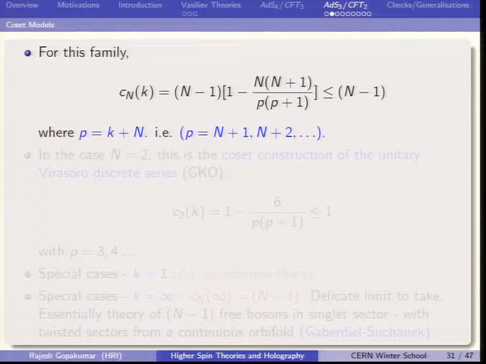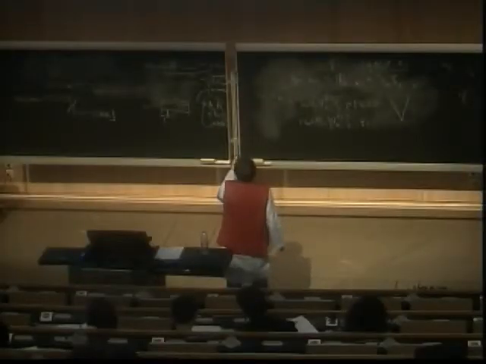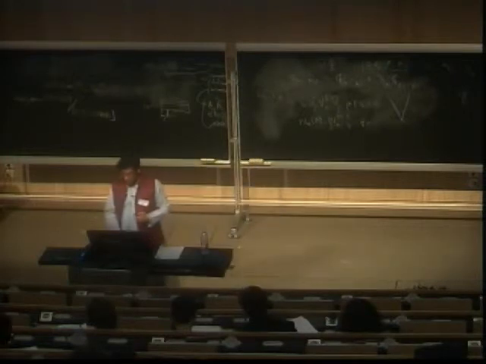So if you keep n fixed and vary k, so I've written it here in terms of this combination P, which is k plus n, and you see that this is a family which accumulates at n minus 1, so its central charge is bounded by n minus 1.